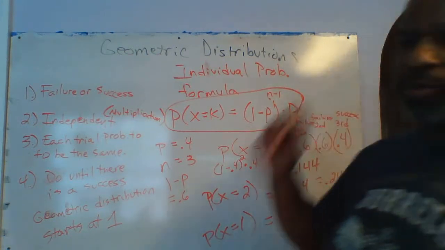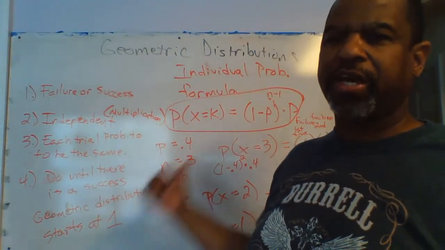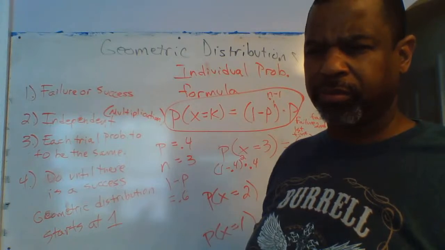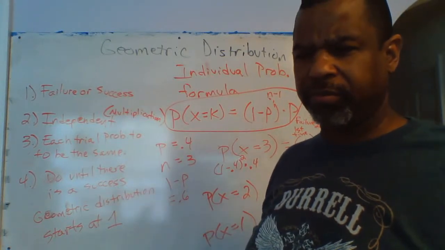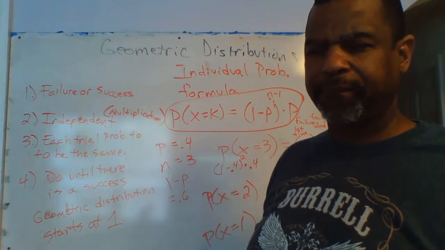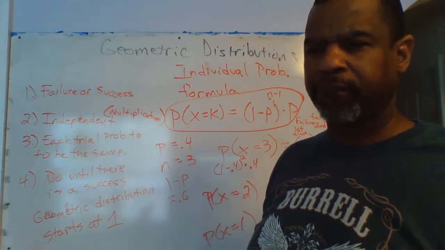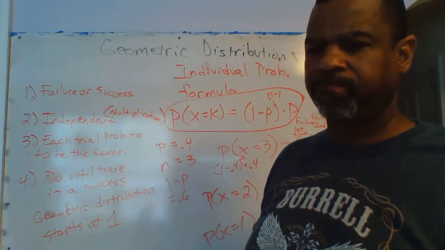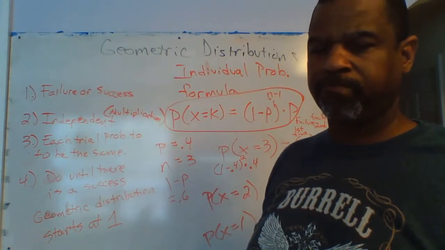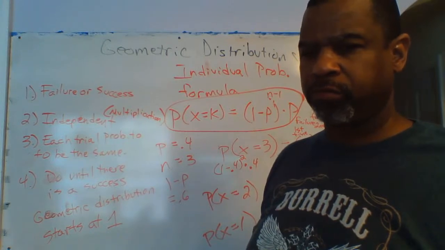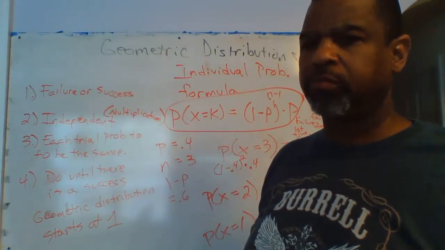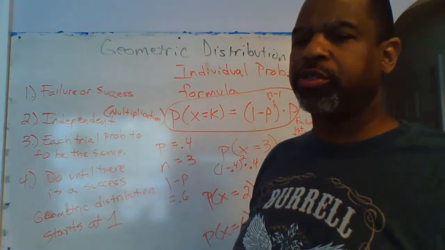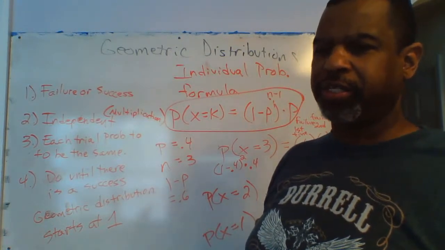So what do you think the distribution is going to be for this if I keep going? What's going to be the shape of it? Yep, it's going to be skewed to the right no matter what the percentage is.